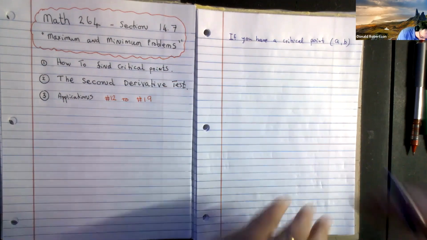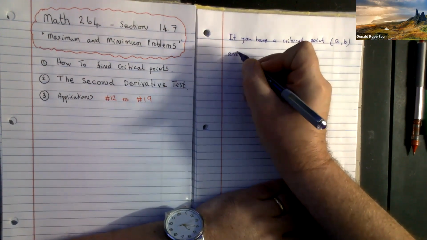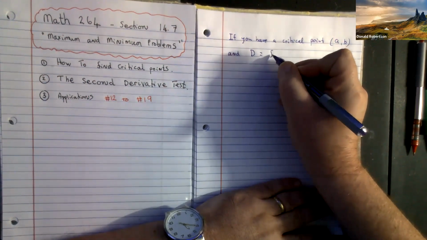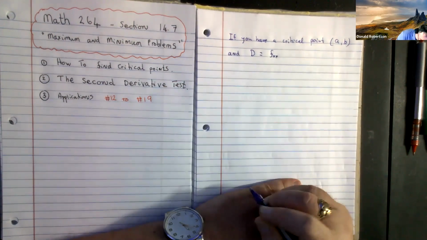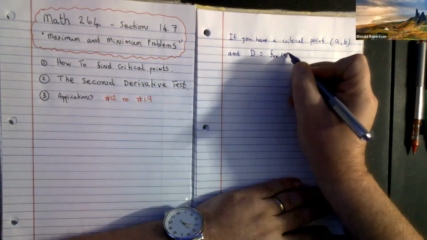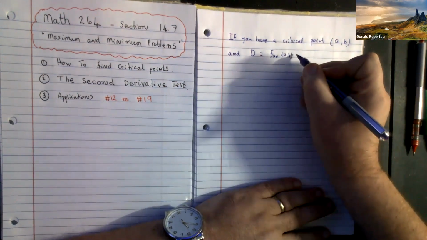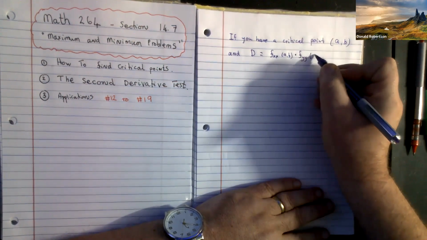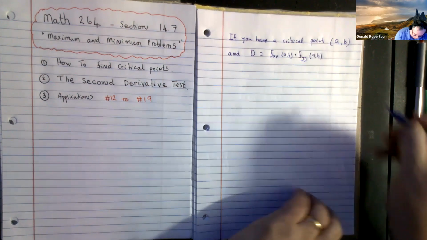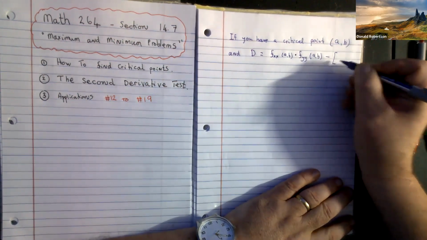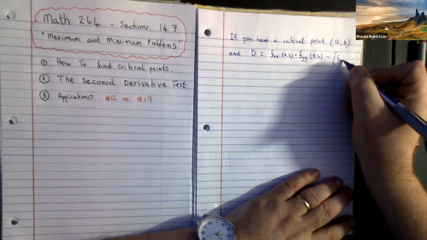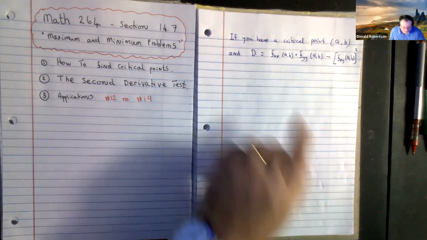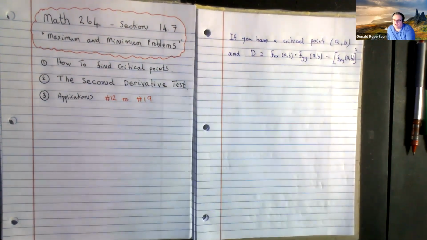If you have a critical point (a, b) and you find D, which is the second derivative with respect to x evaluated at (a, b), times the second derivative with respect to y evaluated at (a, b), take away the second partial derivative f of xy evaluated at (a, b) squared. You find this expression. It's called capital D.